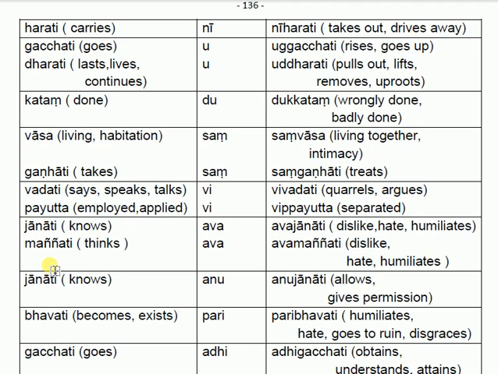Manyati means thinks; with prefix ava, avamanyati means dislikes, hates, humiliates. Then janati knows, and with prefix anu, anujanati means allows or gives permission.